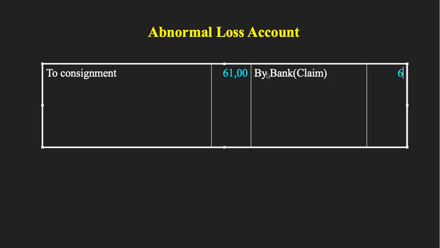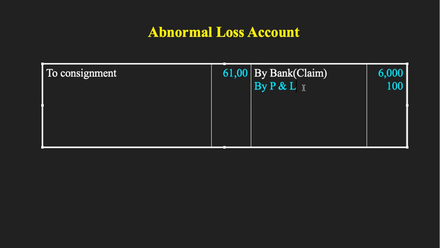So we are going to write down here 6,000 rupees, and then what do we have to take? Then we have to take by profit and loss. How much is it? By profit and loss, this would be 100 rupees, right?